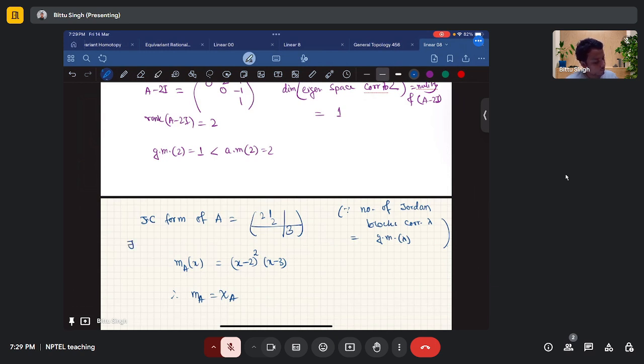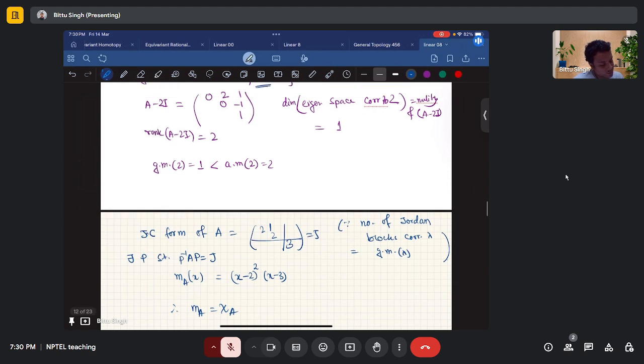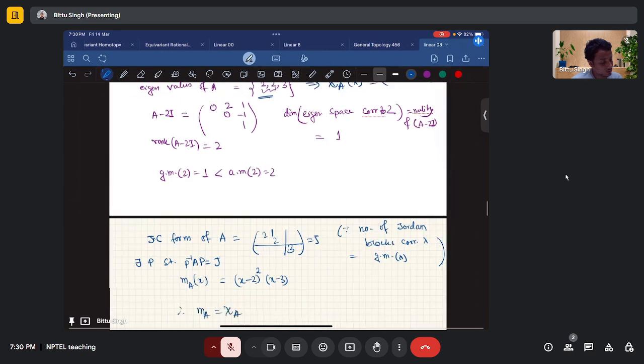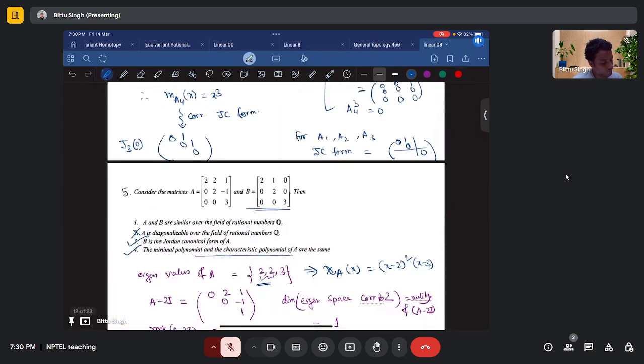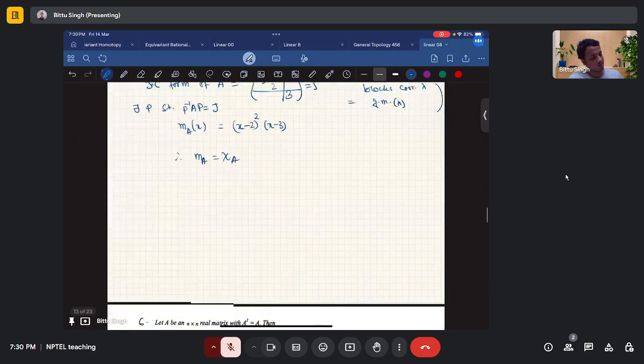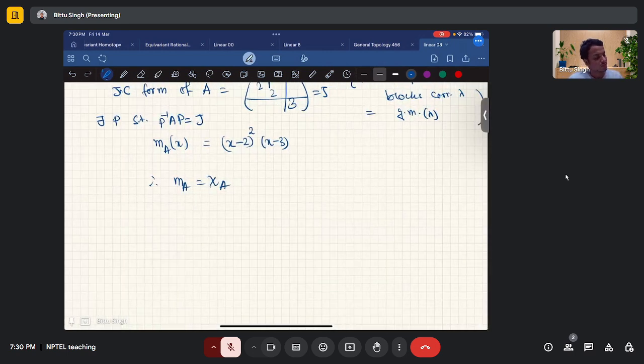Therefore there exists some P such that P inverse AP equals this Jordan canonical form, which we denote by J. So A and J are similar, but is it similar over the field of rational numbers or not? Let us explicitly see.